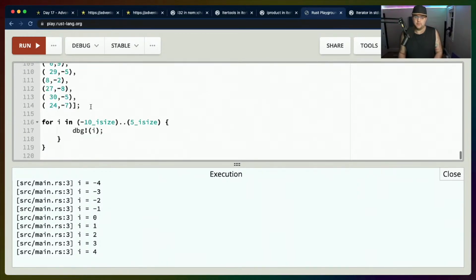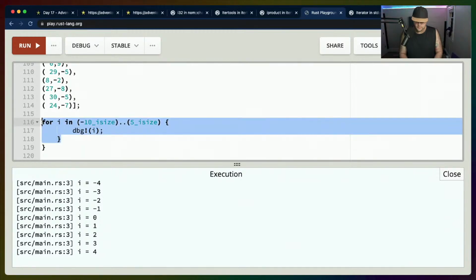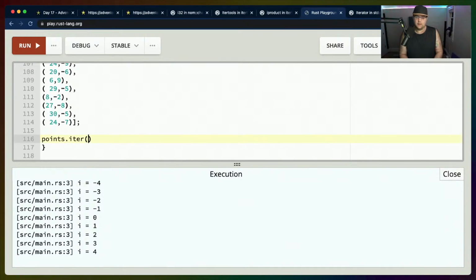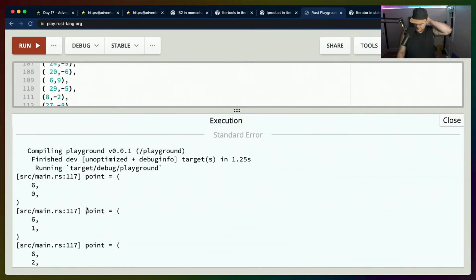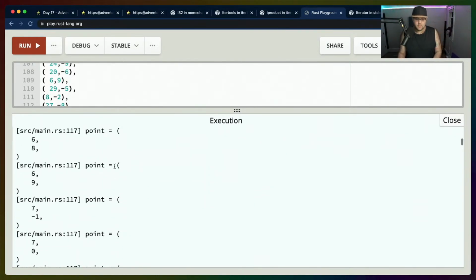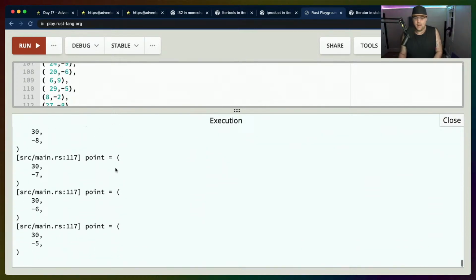We are going to points.iter().sorted().collect. Well, let's just print them out, I guess. For point in points.iter().sorted(), debug point. Then we run this. And we get the whole shebang.